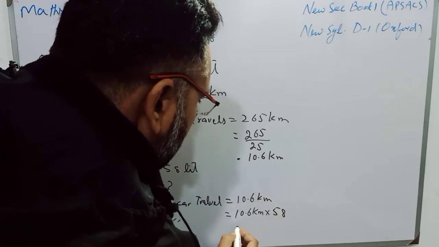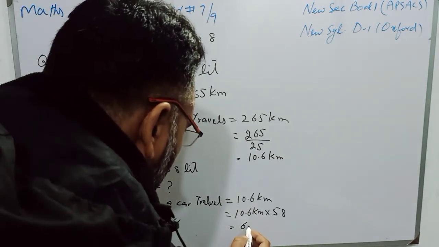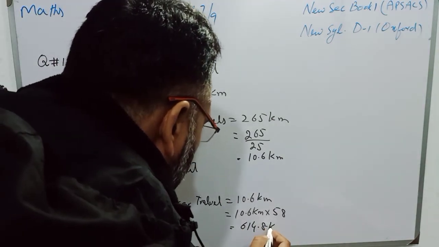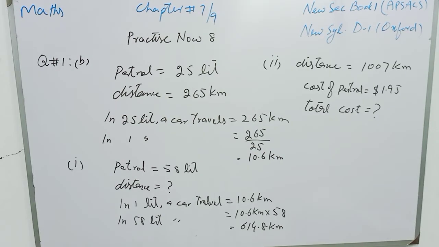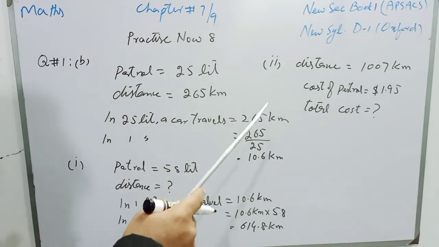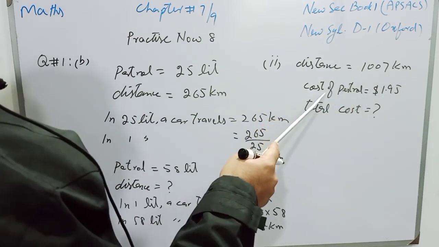Now students, we will multiply 10.6 by 58 and the distance traveled is 614.8 kilometers. So students, with 58 liters of petrol, that car will travel 614.8 kilometers.